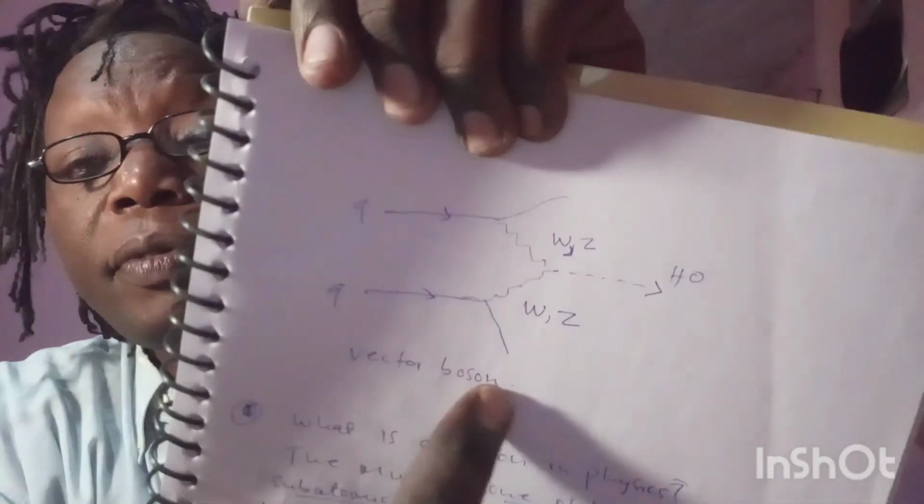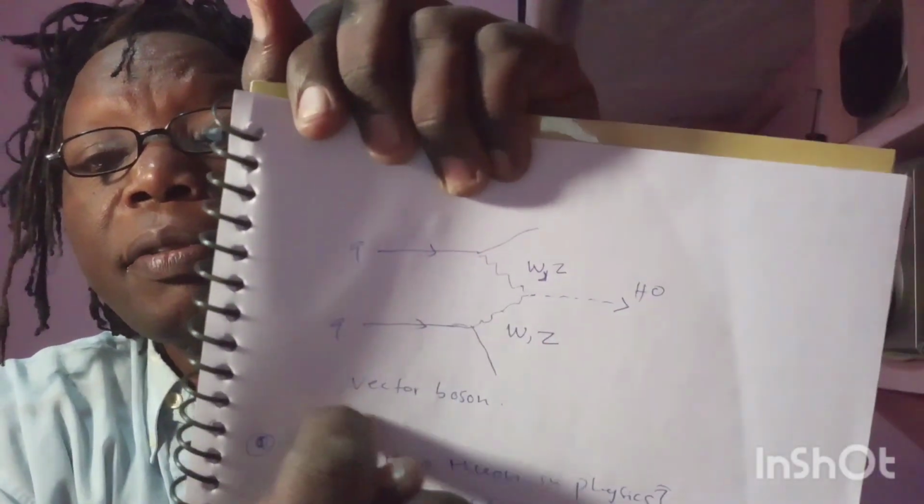Next we talk about the muons, so stay tuned. I have a diagram here which I've drawn to illustrate these things, and I'm going to show you more about it in the next video.